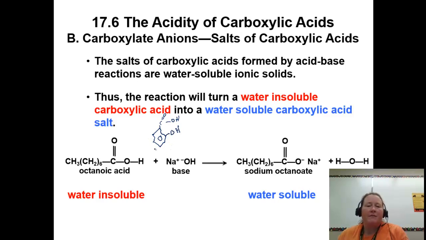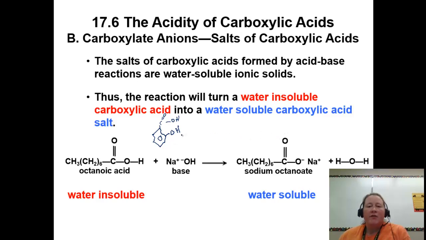So another name for this is 2-hydroxy benzoic acid. So I took some salicylic acid, or if you didn't see this yet, you will see this demonstration, and put it into water, and it does not dissolve at all. It's just a white, clumpy, gunky mess. And when I added the sodium hydroxide to it, it all dissolved.